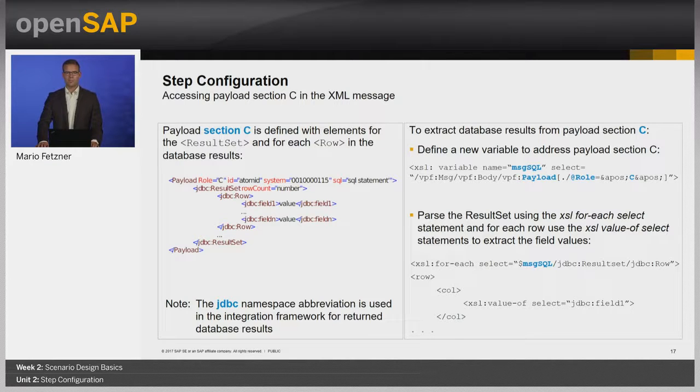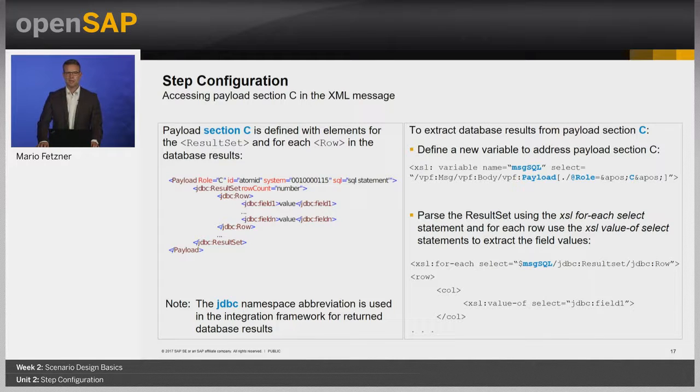Within payload section C, there is an element for the result set and an element for each record in the database results. Note that the JDBC namespace is defined in the XMLNS section of the XSL document and is used in the integration framework for returning database results. All text of the result will be in the XML namespace of JDBC.